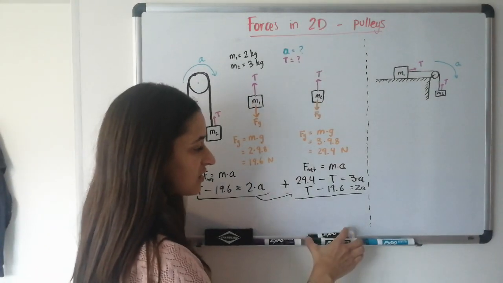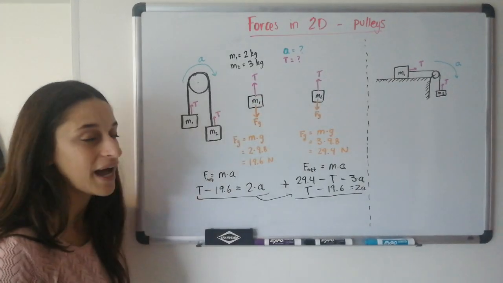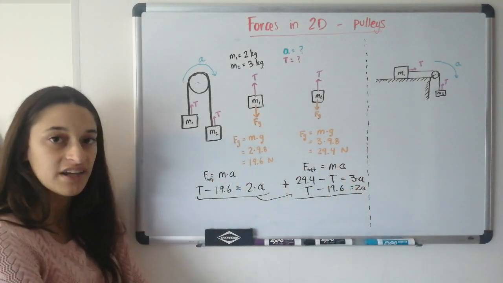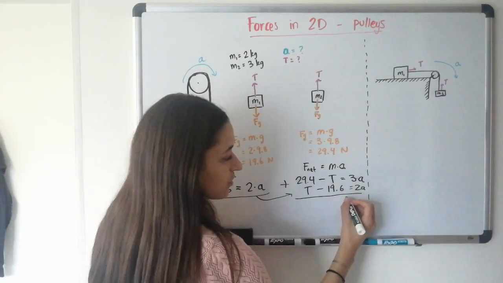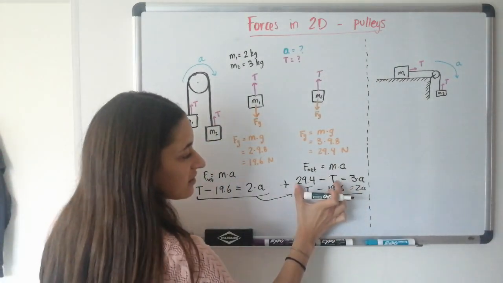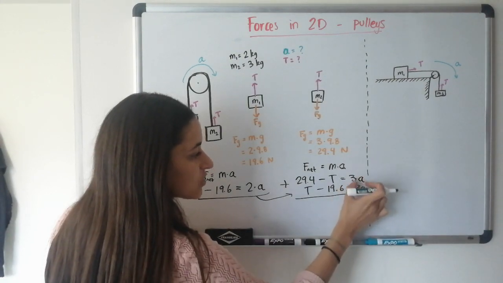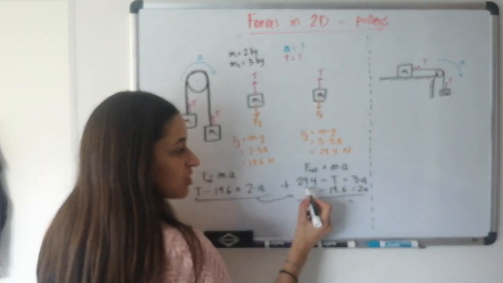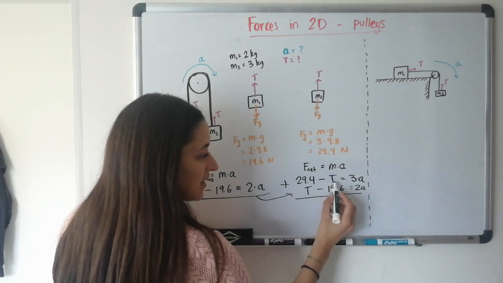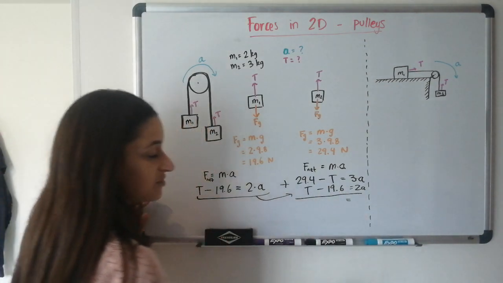But you can do it as long as you add the left with the left and the right with the right and equal it. So we're going to have our equal sign anyway, which is the sum of this plus this. But we're going to add this left part with this left part and this right part with this right part. So we have 29.4 minus T plus T minus 19.6.